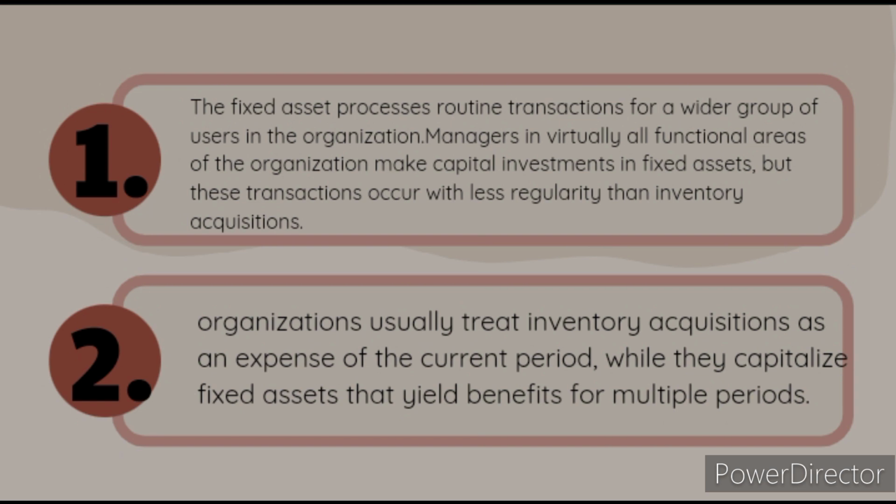Its acquisition cost is apportioned over its lifetime and depreciated in accordance with accounting conventions and statutory requirements. Therefore, fixed asset accounting systems include cost allocation and matching procedures that are not part of the routine expenditure systems.